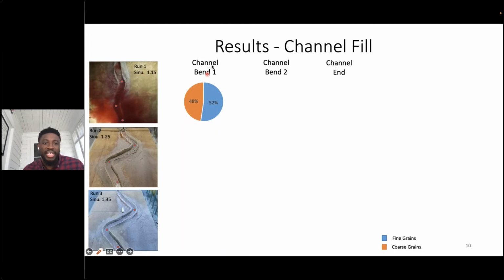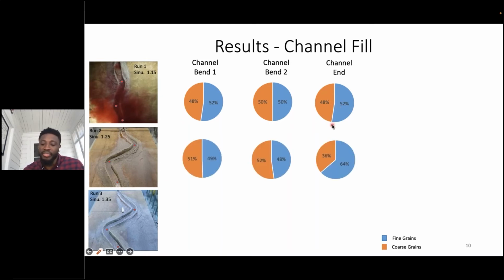So for run 1, at channel bend 1, the first channel bend, we see that there's more fine sediment deposited than coarse sediment. But then at the more distal channel bend, channel bend 2, we see about an equal amount of coarse and fine sediment deposited. While at the channel end, the most distal part of the channel, we see that there's more fine-grained sediment deposited than coarse-grained sediment.